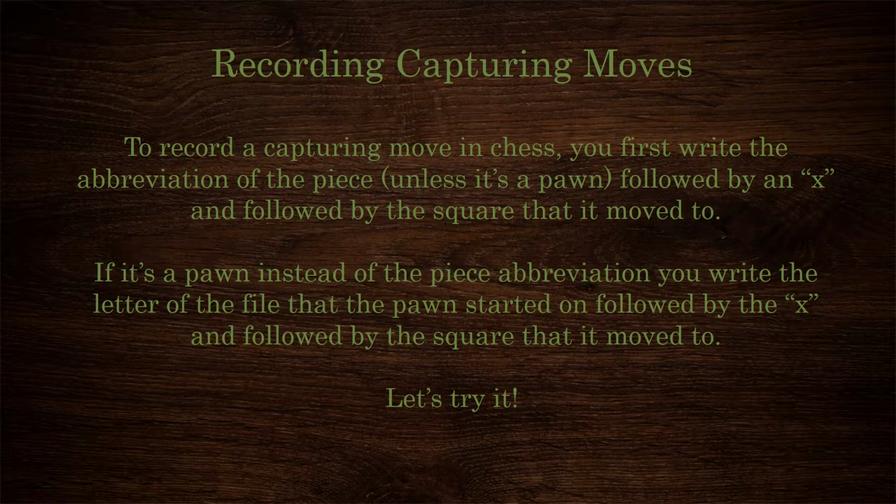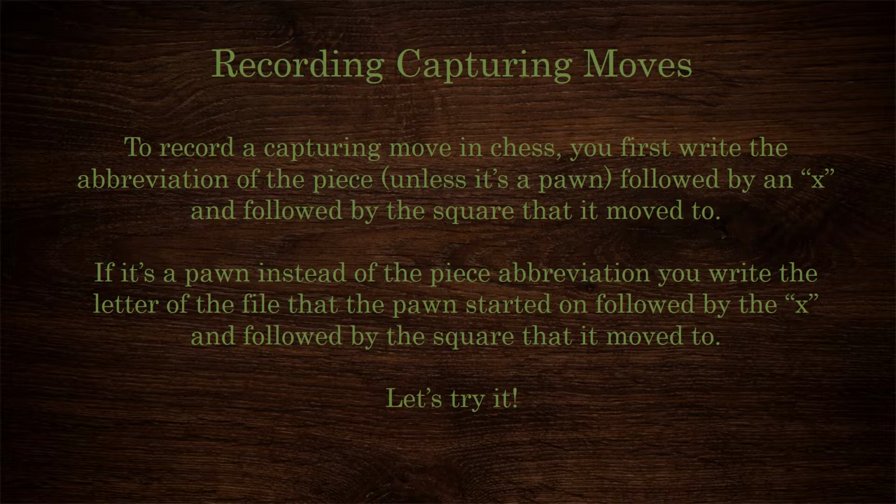Okay, so that was how you record moves when you're not capturing. So now we're going to talk about how to record moves when you are capturing a piece. To record a capturing move in chess, you first write the abbreviation of the piece, just like we did before, unless it's a pawn, followed by a lowercase x, and then followed by the square that it moved to. So the only real difference here is that we're putting an x between the abbreviation of the piece and the square it moves to.